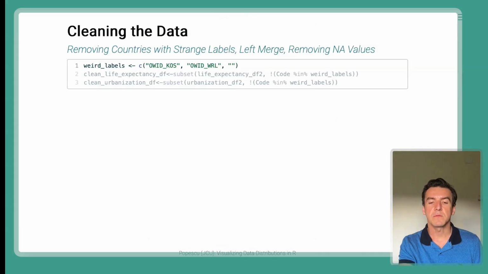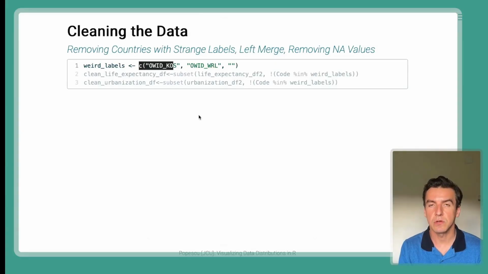And then I'm getting rid of weird labels. If you remember from the previous video, we have some countries that have weird country codes. Normally, every country should have a 3-letter code. But in our sample, we also have some countries that have labels like this, OWID_KOS, or OWID_WRL, or nothing.